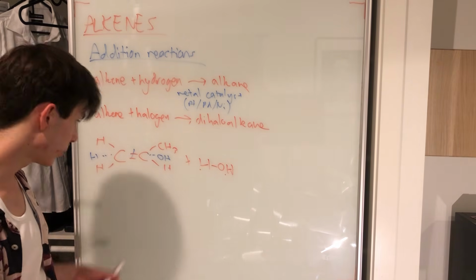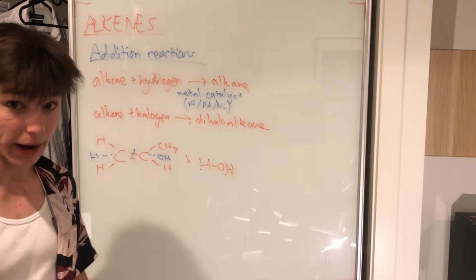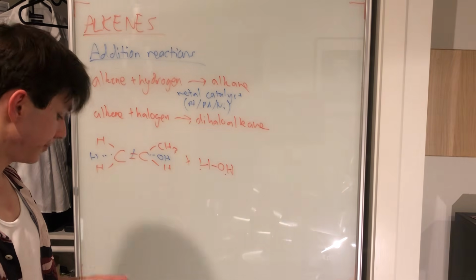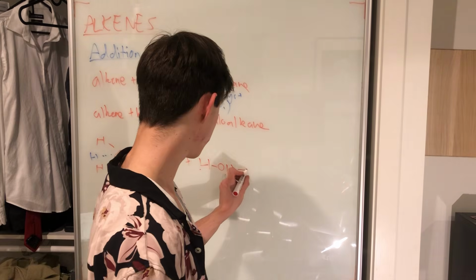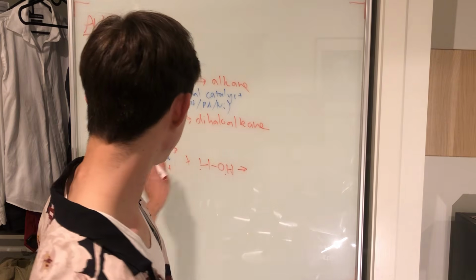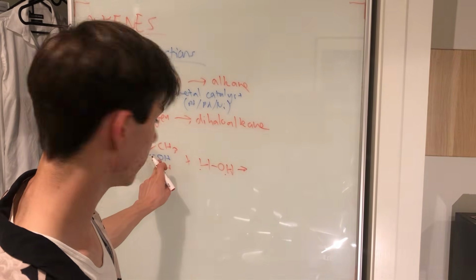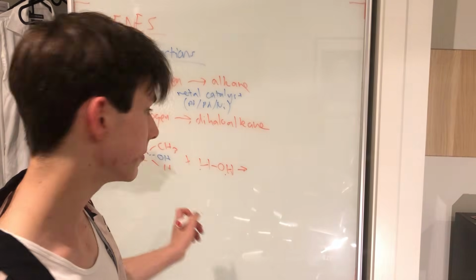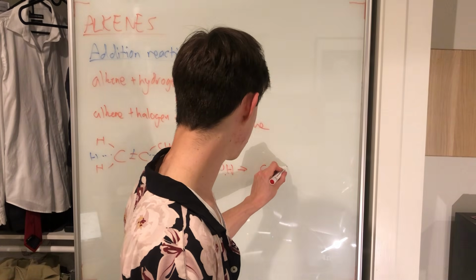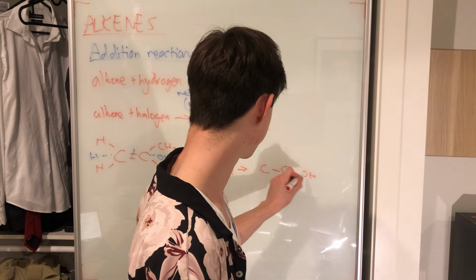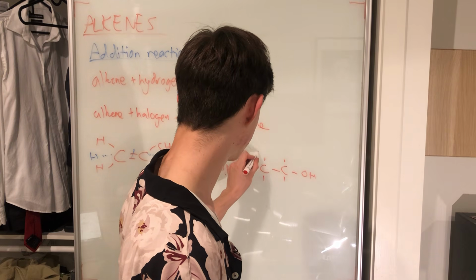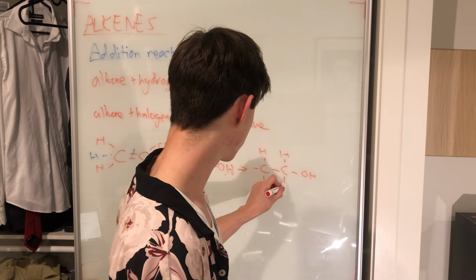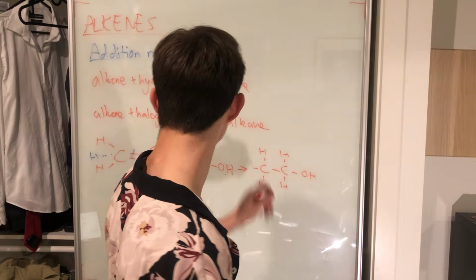Yeah, we've added water. We call that hydration. So what's that going to give us? Well, an alcohol, yeah? OH, alcohol, hydroxy functional group. So CCOH. Or, ethanol. No, sorry, propanol.